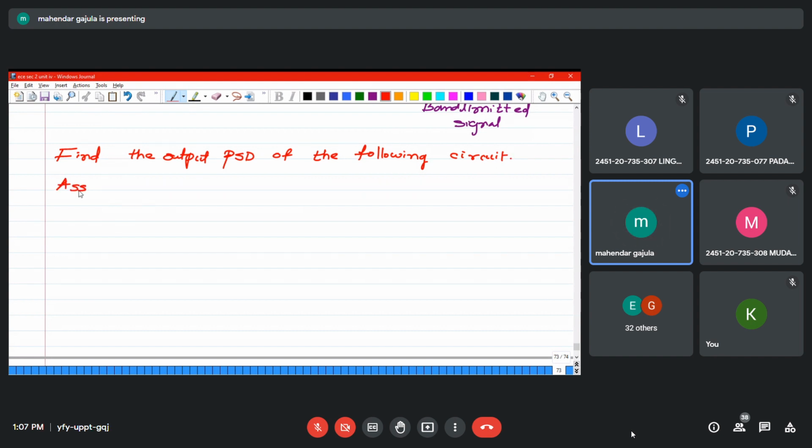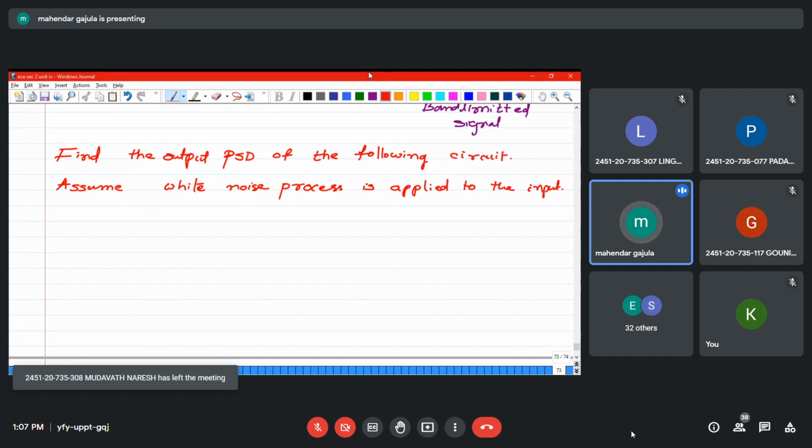Assume a white noise process is applied to the input. This one problem is equal to many problems.